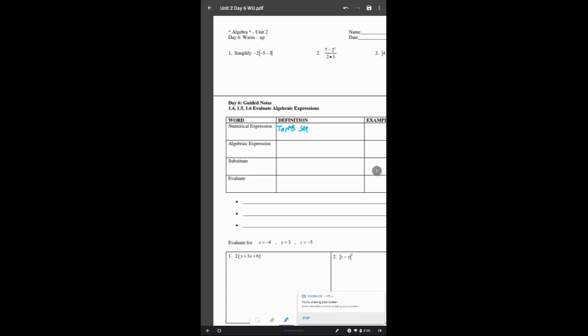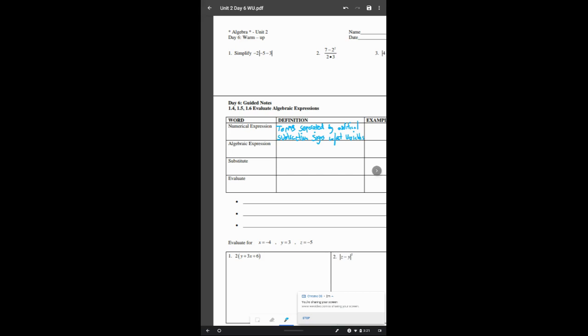So a numerical expression are terms separated by addition or subtraction signs without variables. So that's a numerical expression. And then we're going to do an example in just a second, but I want to do algebraic next.